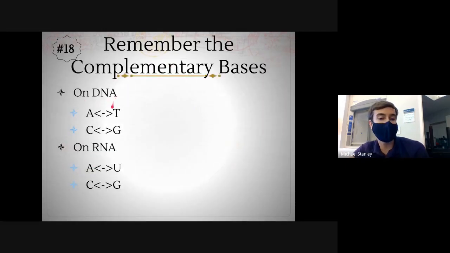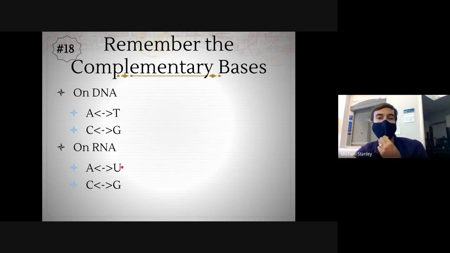So again, on DNA, A and T will always match up with each other, and then C and G always match up. And then when we're building an RNA, we'll match G's with C's, we'll match C's with G's. A's can go in RNA, but we cannot have T's in RNA. We have to have a U instead.